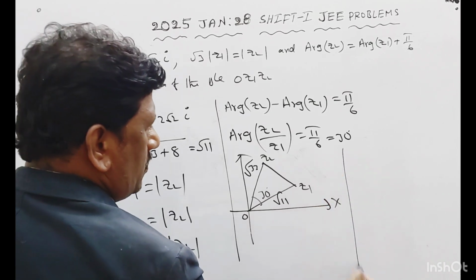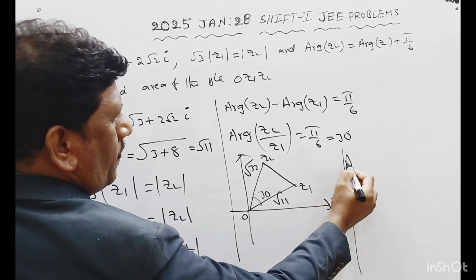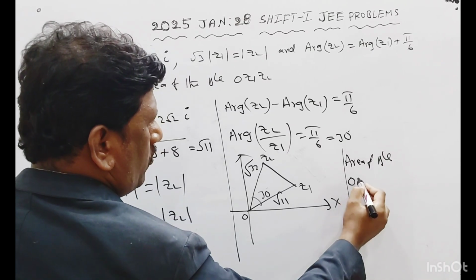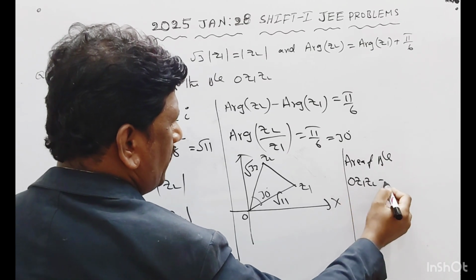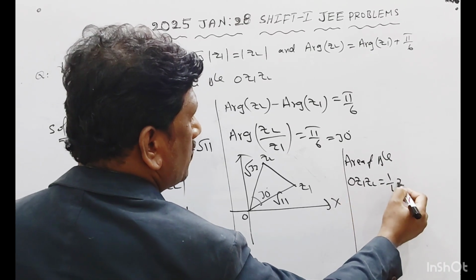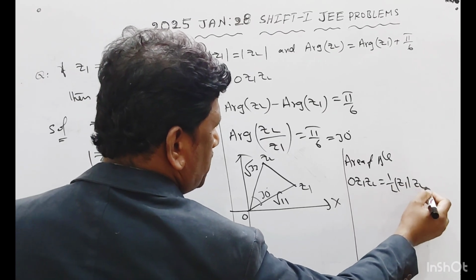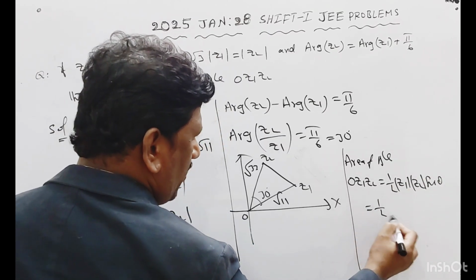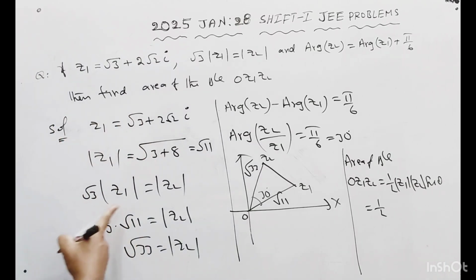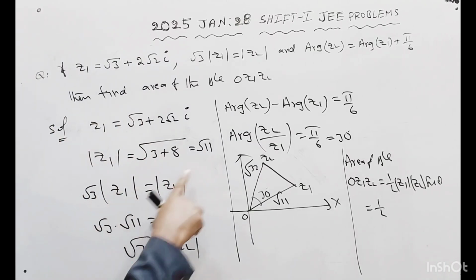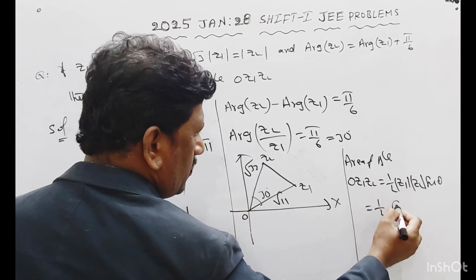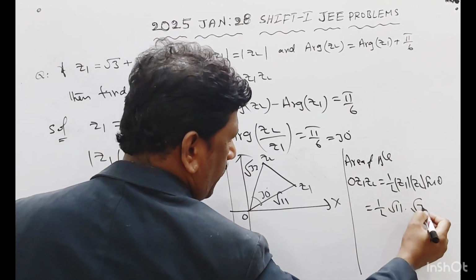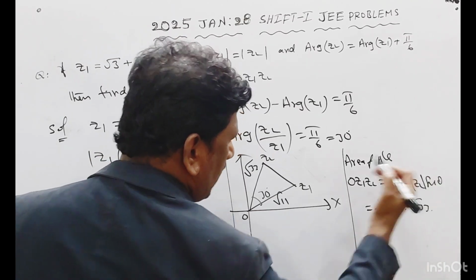Then you see this one. The area of triangle OZ1Z2, the formula will be half mod Z1 mod Z2 into sine theta. So this is half into mod Z1, which we got as root 11, into mod Z2, which is root 33, into sine theta. What is the theta value?